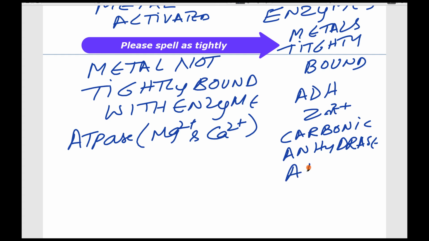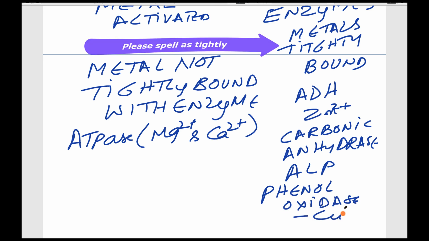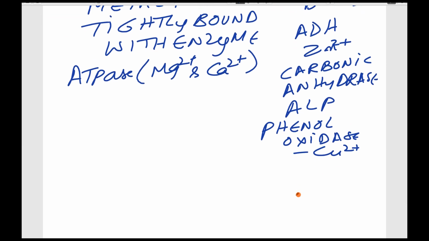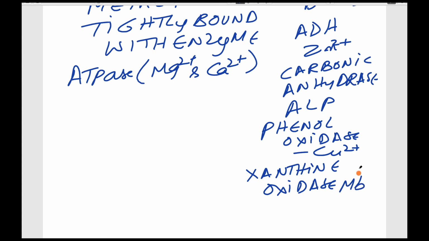And ALP, alkaline phosphatase, also contains zinc. Phenol oxidase contains Cu2+, then xanthine oxidase contains molybdenum. This is about the role of metals in enzyme activity.